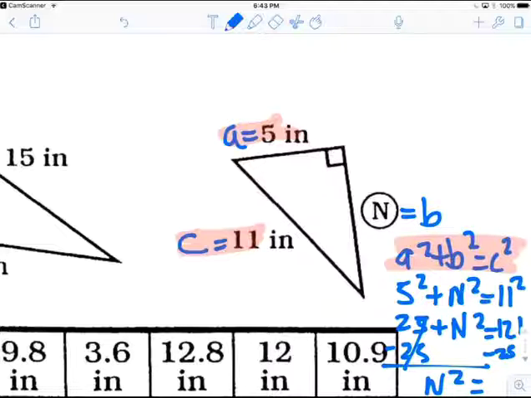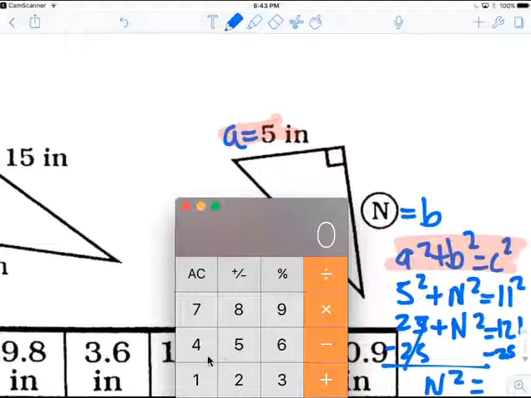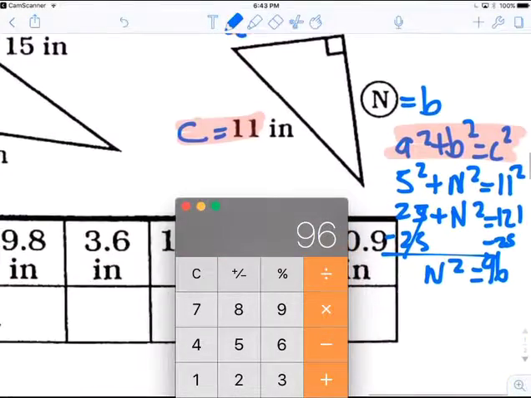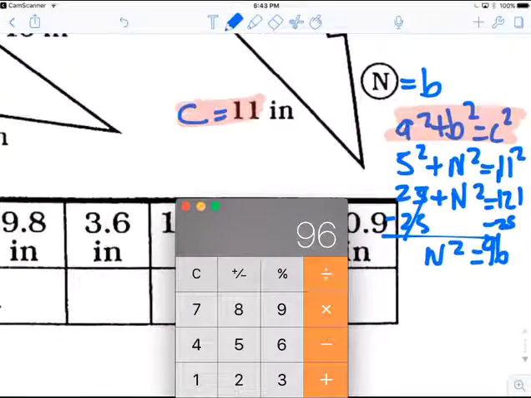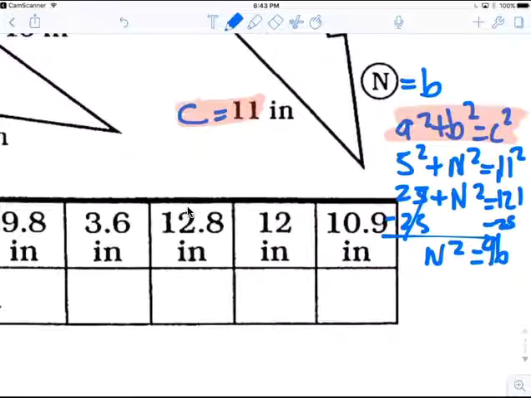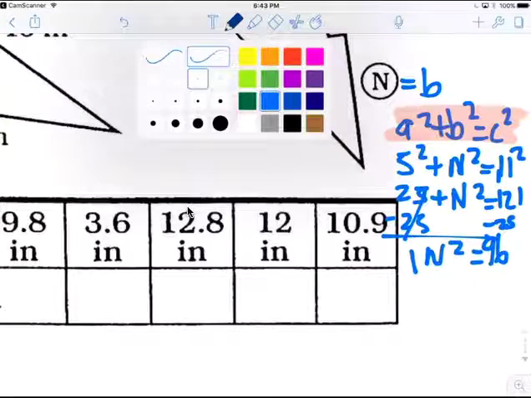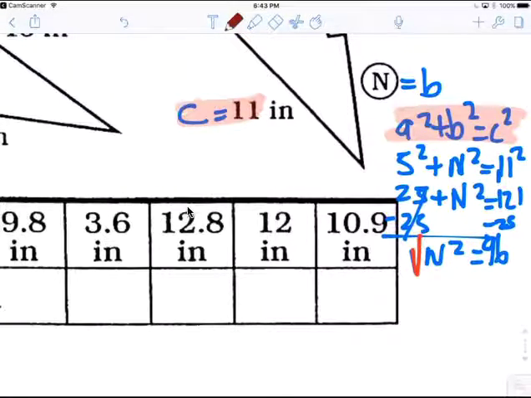Let's see, 121 minus 25 is 96. After you do that, you find the square root. The last step is finding the square root.